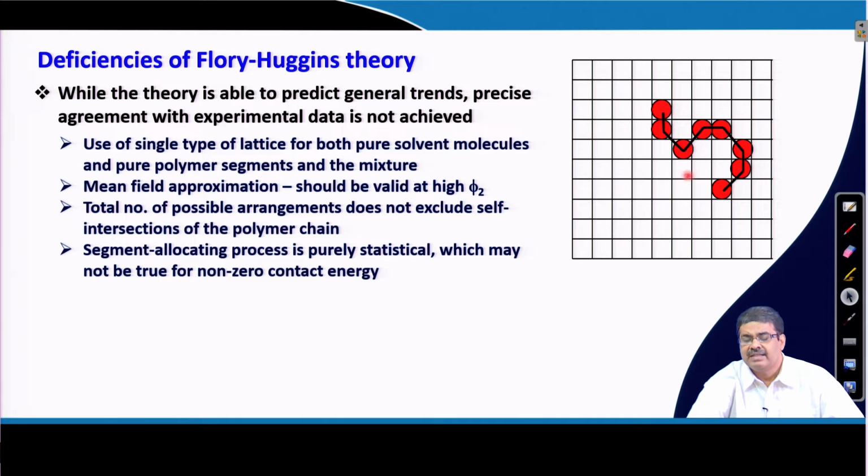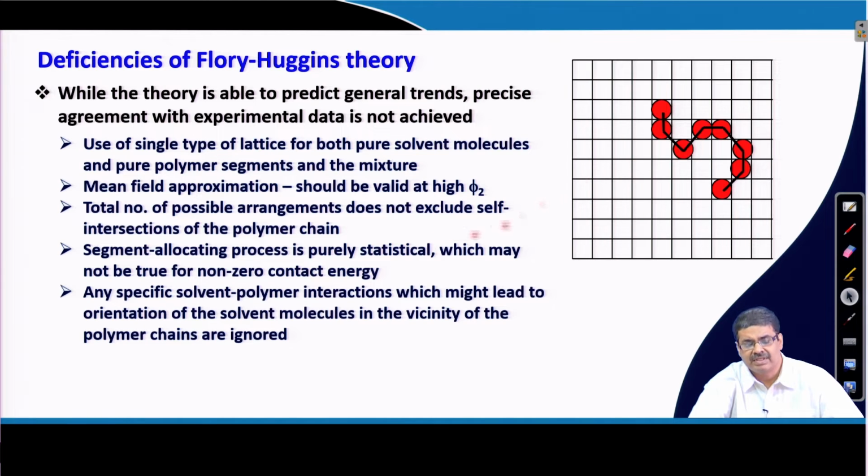Also, the addition of these segments in these 3D cells was purely statistical, which may not be true if there is a non-zero contact energy between solvent molecules and polymer molecules. For example, any specific solvent polymer interactions may lead to orientation of solvent molecules around the polymer segments, which was not considered during the derivation of Flory-Huggins theory.